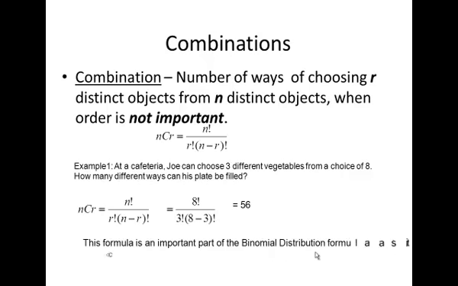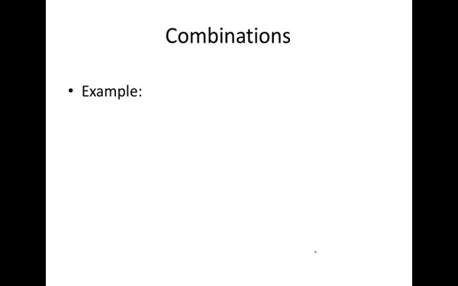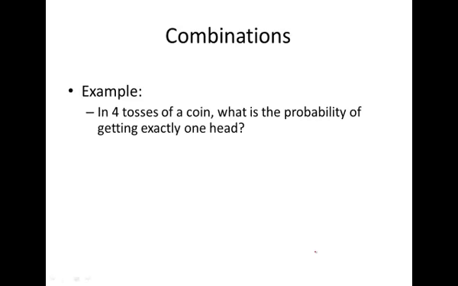So this formula is actually going to be used in the binomial distribution formula. So we have to know what combinations mean so that we can realize where these numbers come from. Okay? If I toss a coin 4 times, what is the probability of getting exactly 1 head?